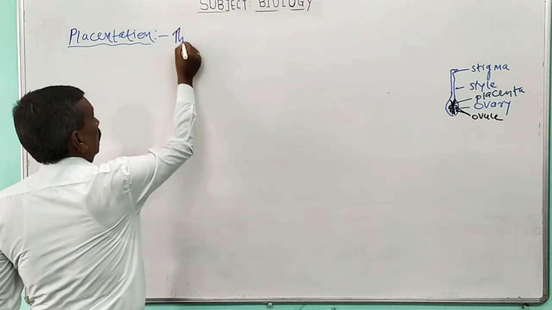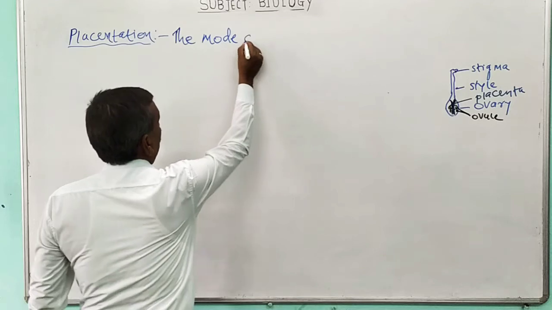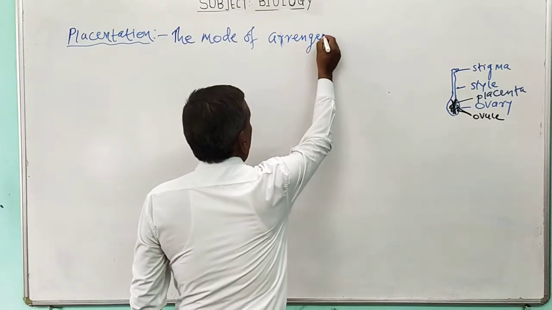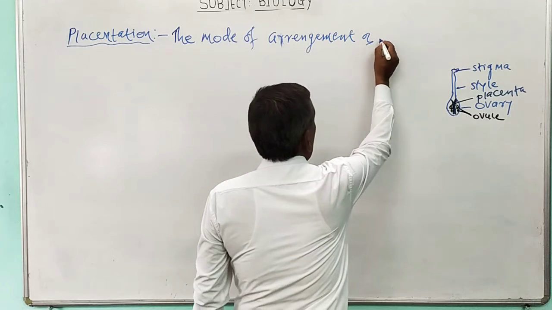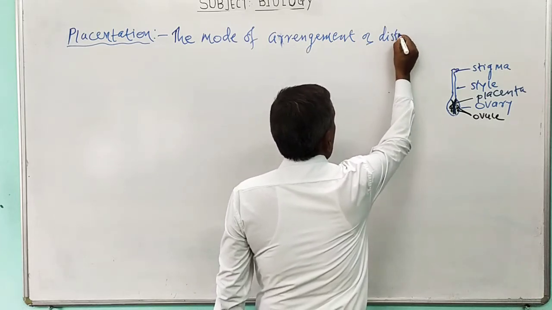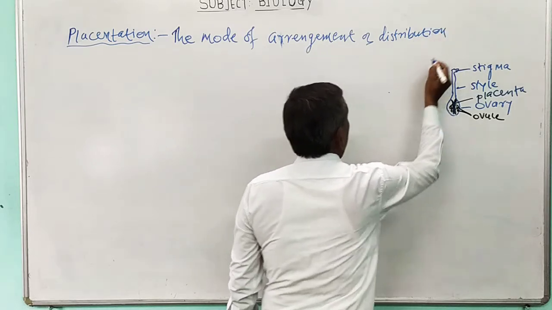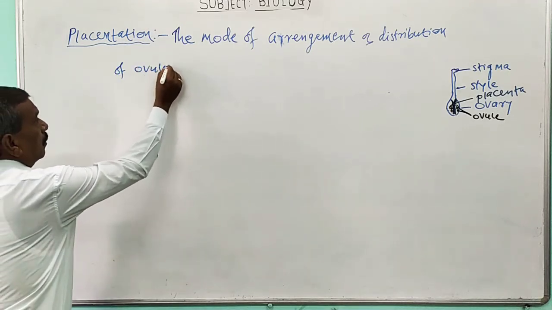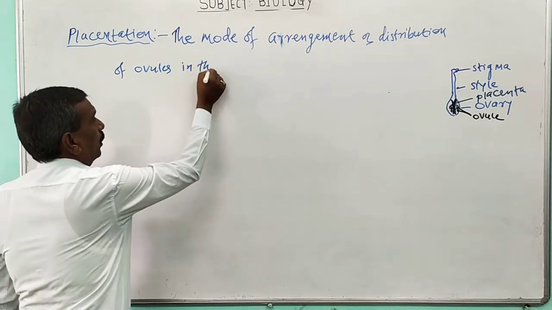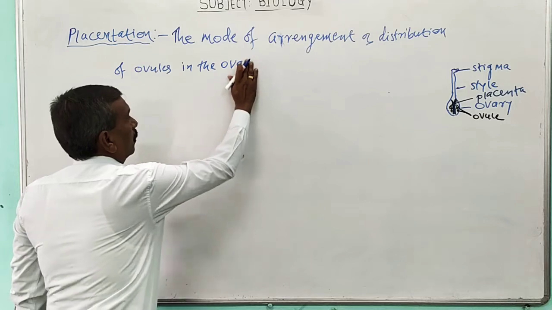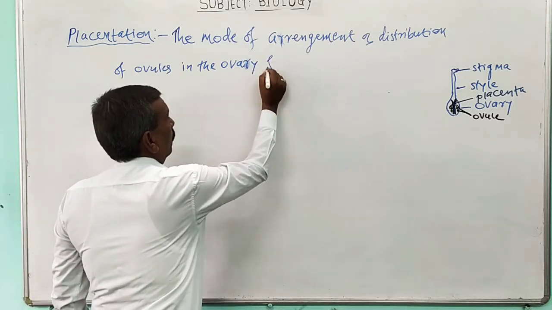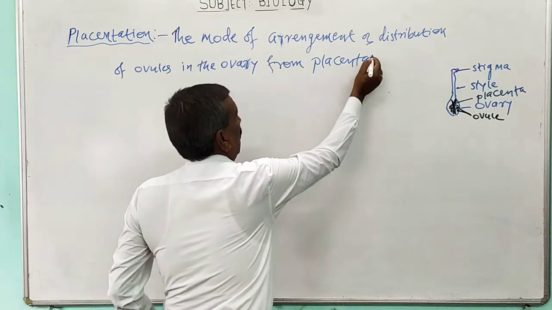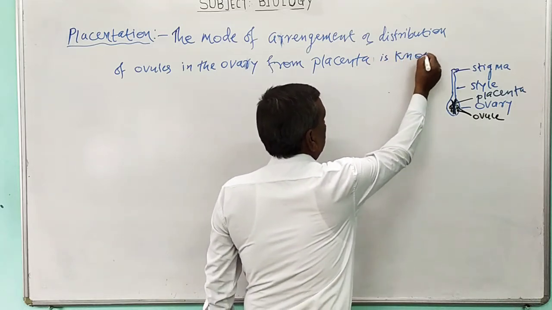The mode of arrangement or distribution of ovules in the ovary from a placenta is known as placentation. त्याला काय म्हणणार तुम्ही?